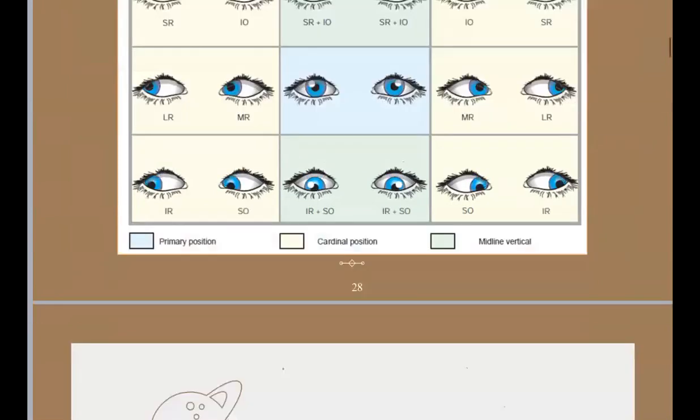What about the disjugate movement? Both eyes will work in opposite directions, like convergence and divergence. Here in convergence, both eyes will move in the opposite direction: the right eye will go to the left and the left eye will go to the right. This is called convergence. What about divergence?